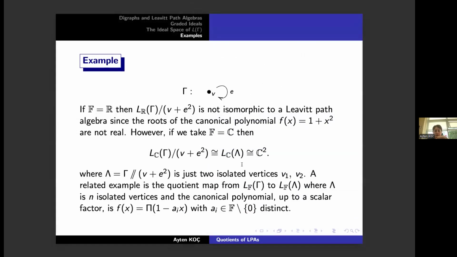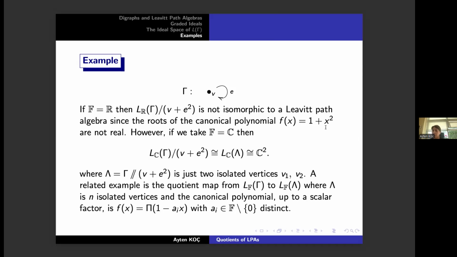And next example, the digraph is the same, an isolated vertex and a loop, and take the real numbers as our field. Then the quotient L(Γ) over this ideal, generated by V plus E squared, is not isomorphic to a Leavitt path algebra because the roots of the canonical polynomial 1 plus x squared are not real.